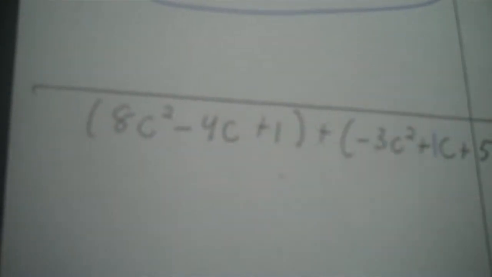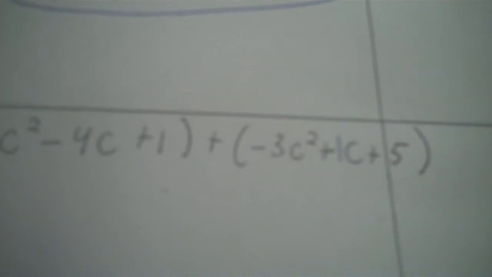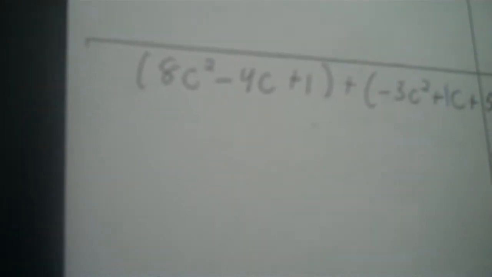So c is the variable. What's the highest power c is to? Well, that's c to the second. That'd be c to the first. Don't put a 1. So you got to recognize that if that's c, it's c to the first, c to the second, and c. So the highest exponent, the highest power c is to, is a c to the second.